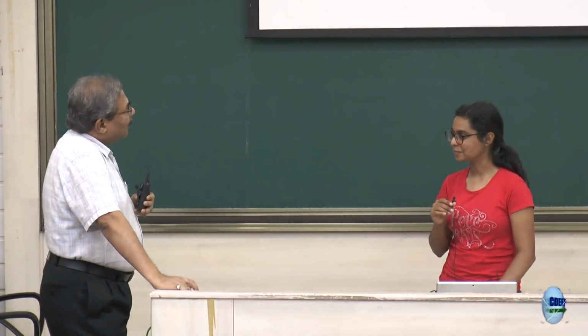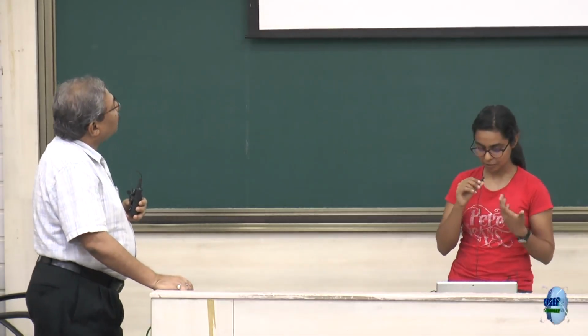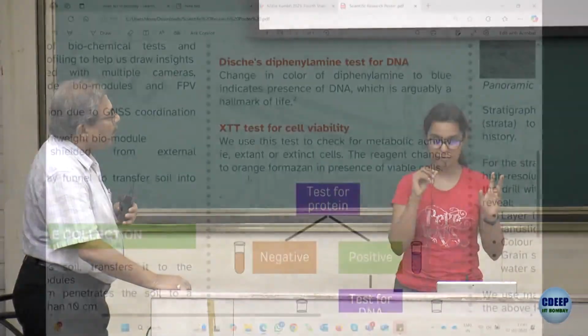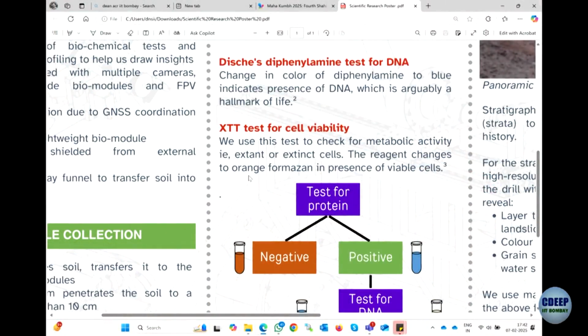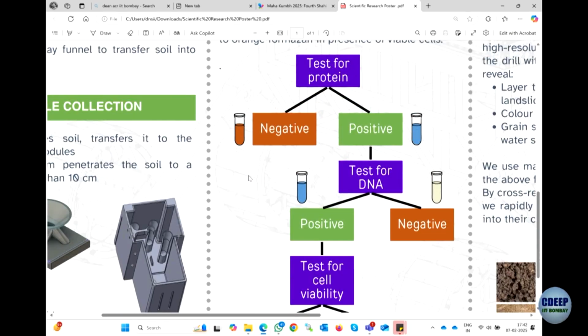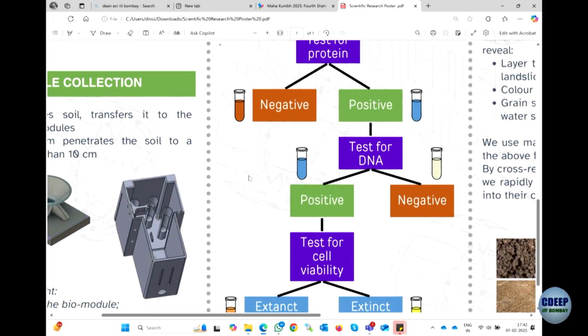Yeah. Okay, go ahead. Once we have the positive reaction for the Bradford's test, we go ahead with the DNA test with diphenylamine. So diphenylamine reacts with the deoxyribose in DNA to form a brilliant blue color solution again.